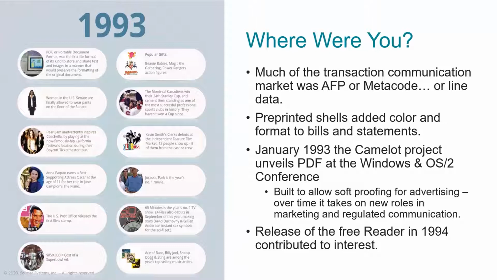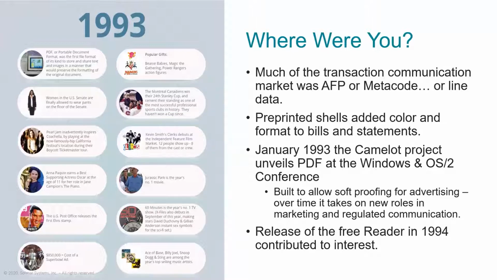So in January 1993, the Camelot project is unveiled at the Windows and OS/2 conference. For those of you not old enough to remember OS/2, OS/2 was going to be the next big PC operating system. It was also created by Microsoft for IBM, and it had a lot more intuitive features to it.